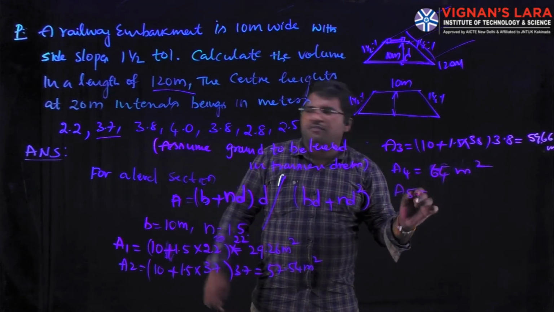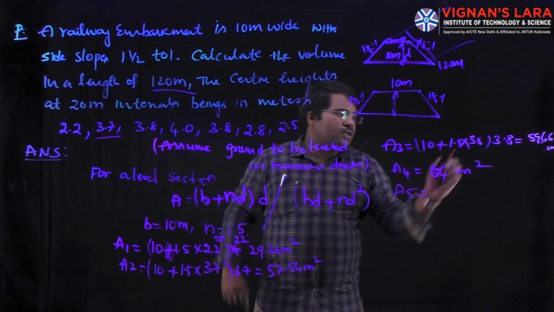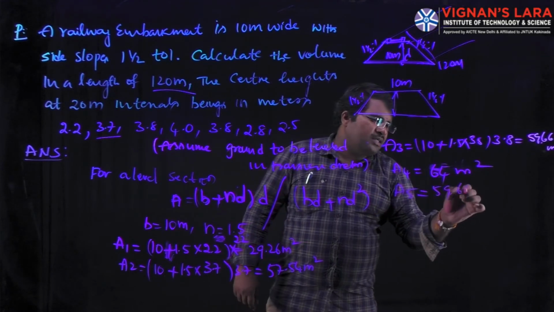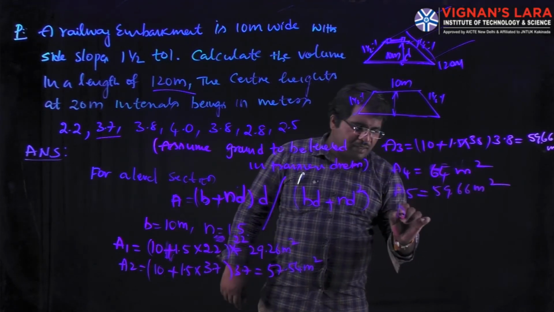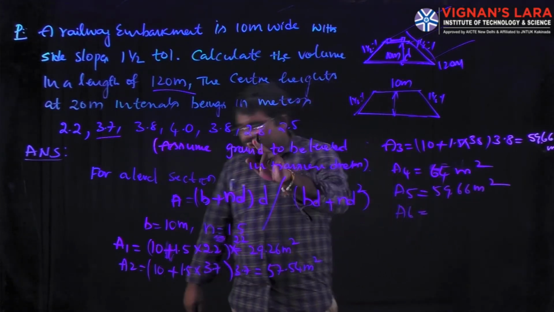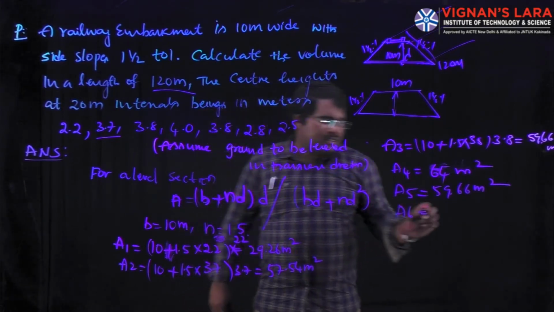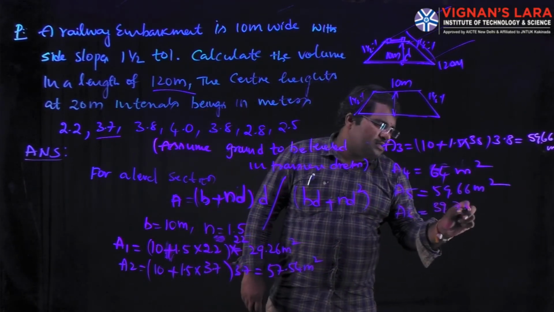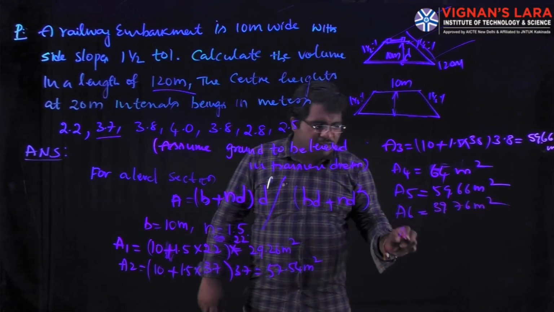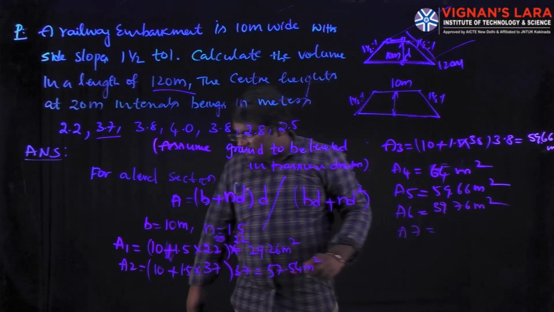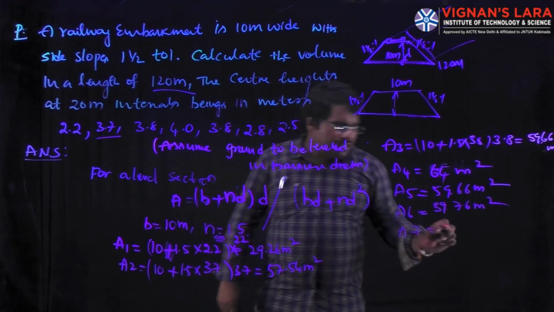Then A5 equals A3, that is 59.66. Then for A6, 2.8, we get 39.76 square meters.